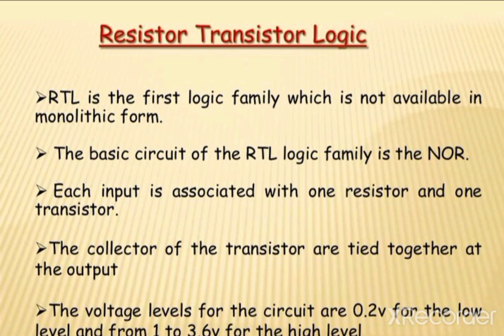So these are some characteristics for ICs: speed, fan out, fan in, power dissipation, propagation delay and noise margin, right? Now on your screen you can see a resistor transistor logic is shown. That resistor transistor logic comes under the bipolar saturation technique, which is used inside your logic gates.